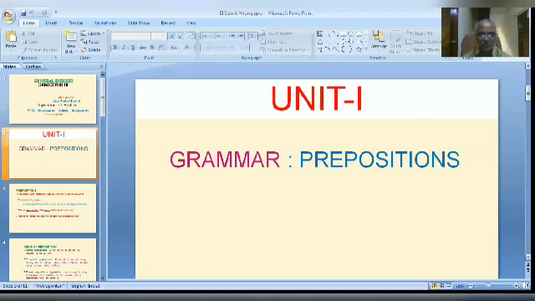If I ask you to tell one example for prepositions, generally the students may tell this sentence. The book is on the table. If you carefully observe in the sentence, we have two things.